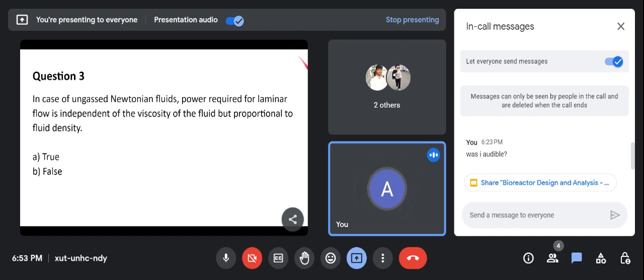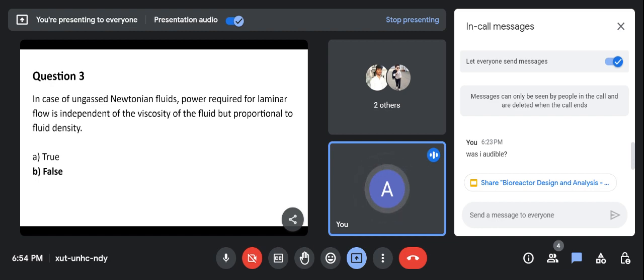A Newtonian fluid is a fluid whose viscosity is not affected by the shear rate or shear stress being faced by the fluid. So the answer to this would be false.